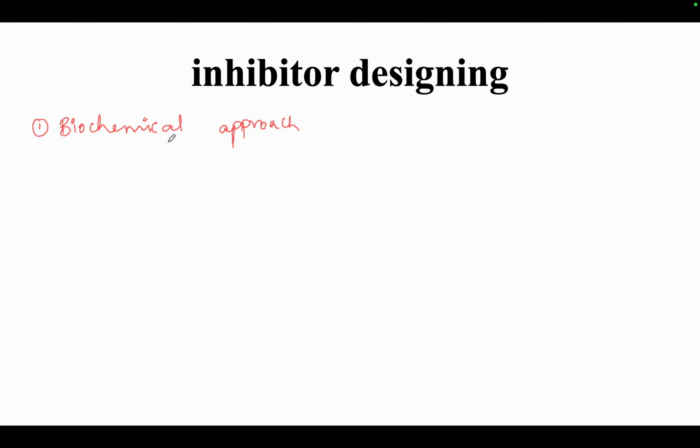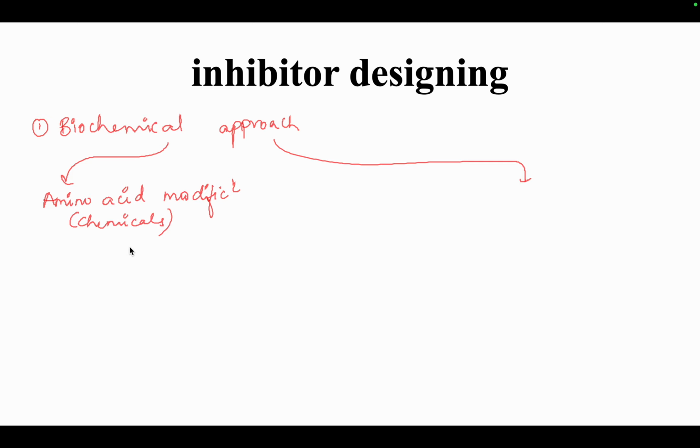The biochemical approach is further divided into two types. We have amino acid modification, so we can either modify amino acids chemically, where we use different chemicals to modify amino acids, or we modify amino acids by site-directed mutagenesis, or we could do random mutagenesis, both.